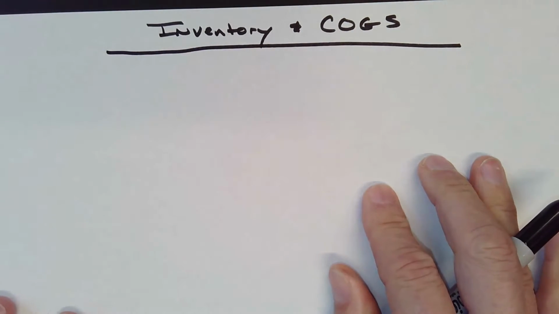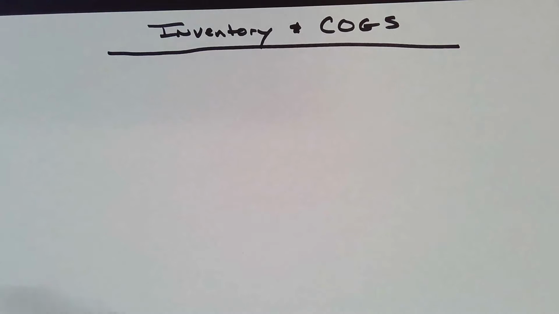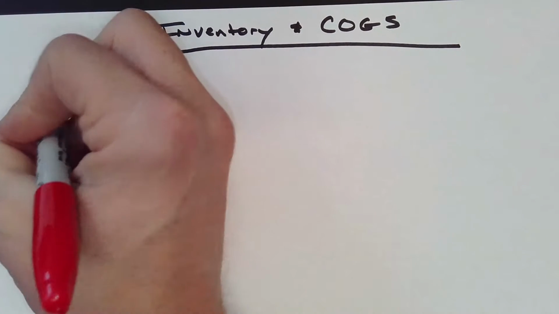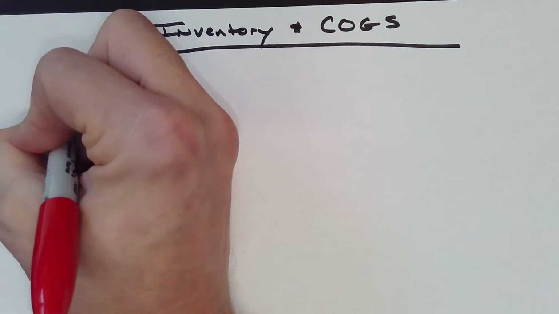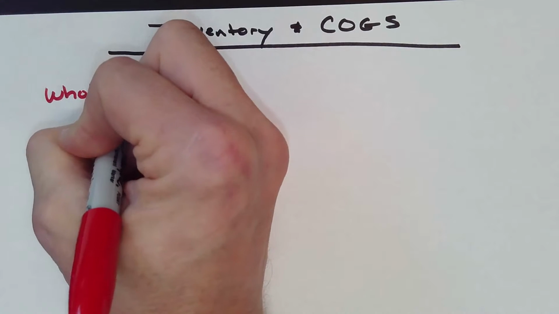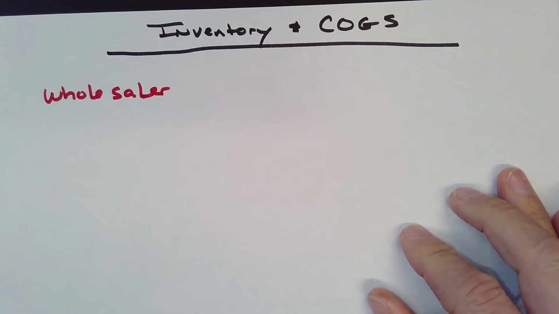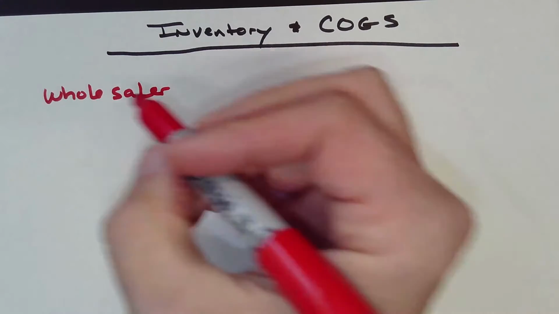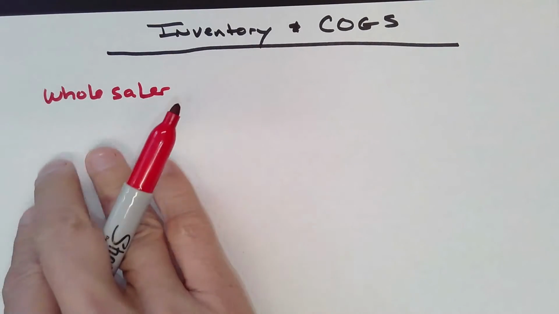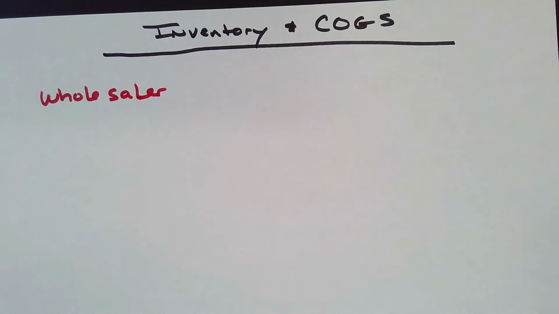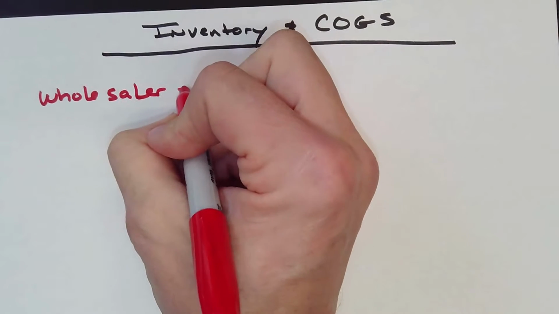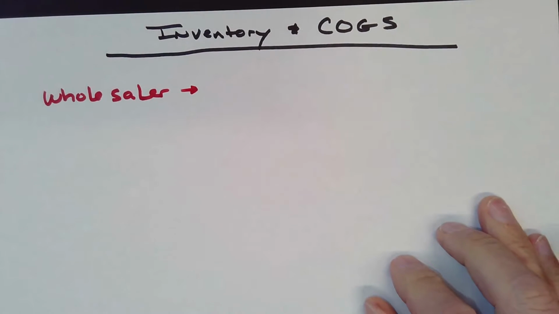All right. So let's throw out an example. Say we are a wholesaler. Yeah, let's say we're a wholesaler. I'm fine with that. So a wholesaler is going to buy from the importer, right?